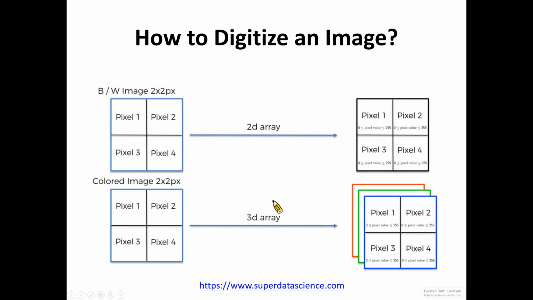In the case of a black and white image, there's only a 2-dimensional array, but a colored image can be decomposed into 3 colored images, green, red, and blue. So it's virtually a 3-dimensional array, not just 2-dimensional. That is how we digitize color images into 3 different layers.